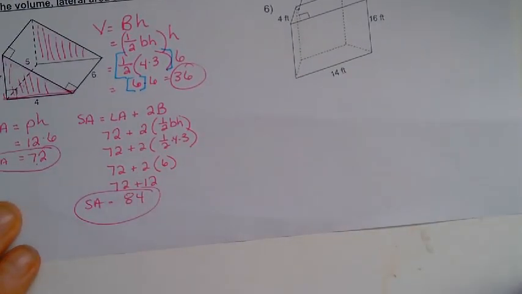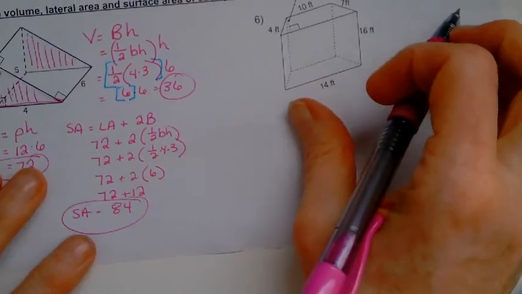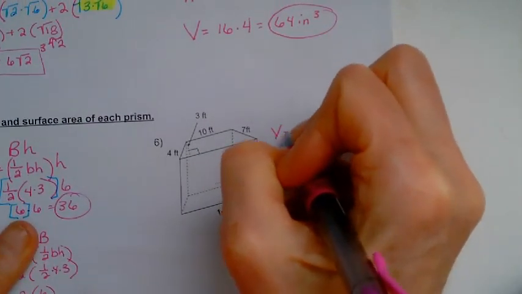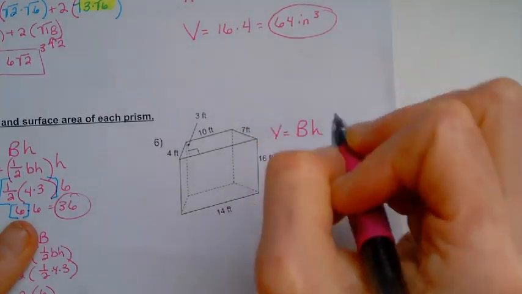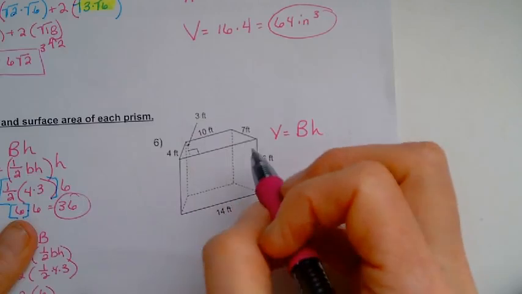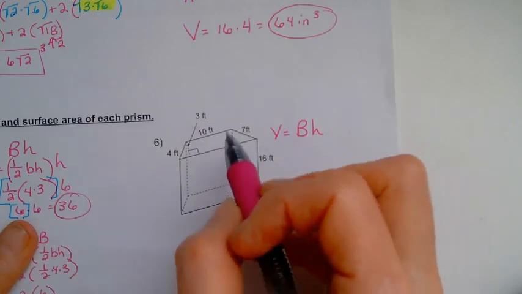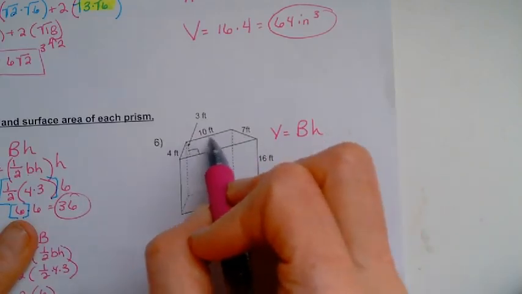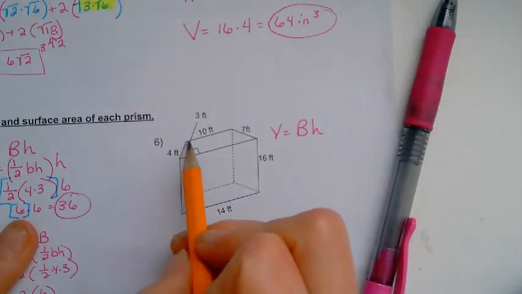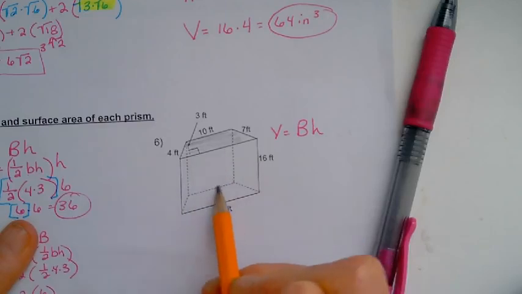Okay, number 6. Find the volume first, and that's the area of the base times the height, or the distance between the bases. Now looking at this shape, this top side right here and this bottom side right here are the bases.